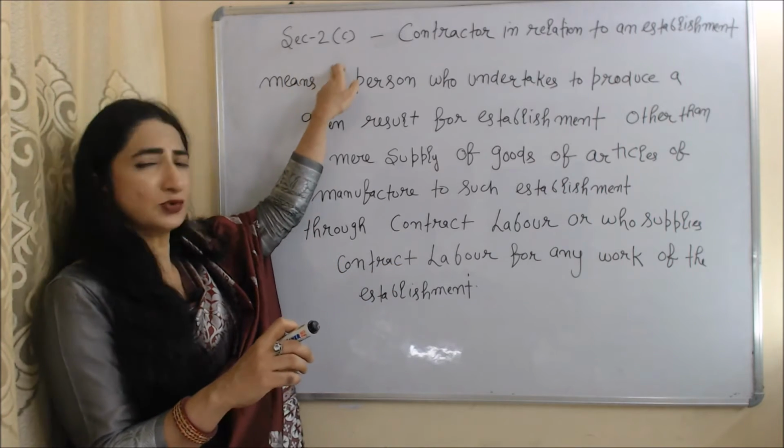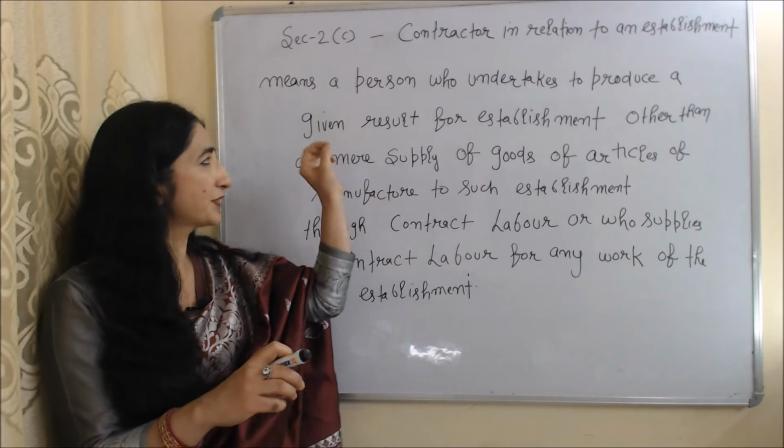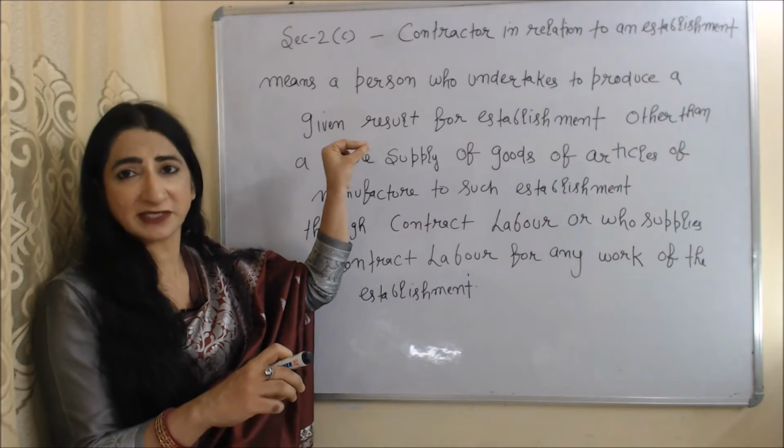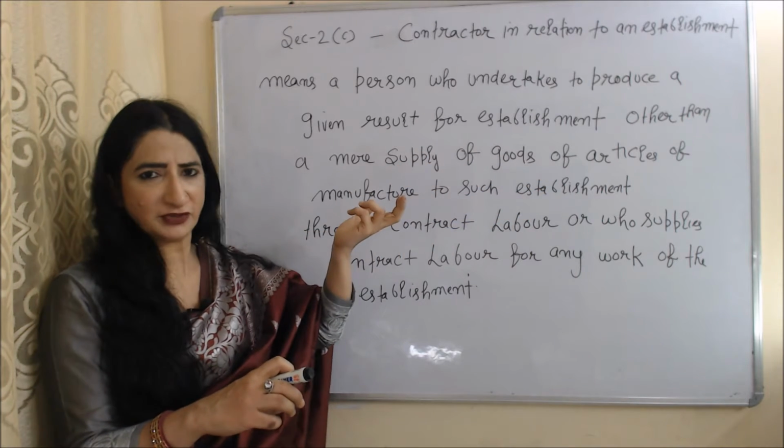Now we are going to talk about the definition of contractor. According to section 2C, a contractor is a person who undertakes to produce a given result for an establishment other than supply of goods or articles of manufacture.